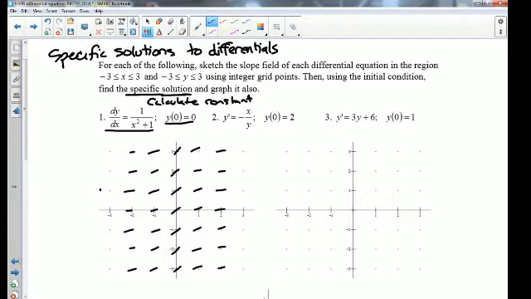Can you see the general curve? You can see how it's going to look. Let's calculate the specific solution.